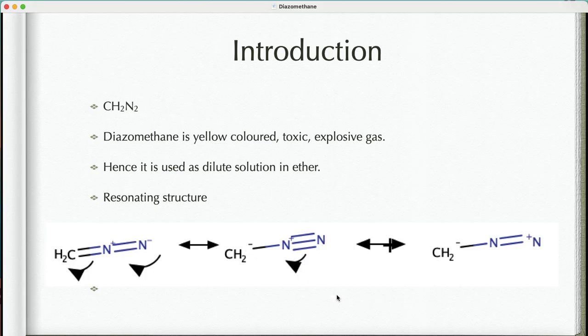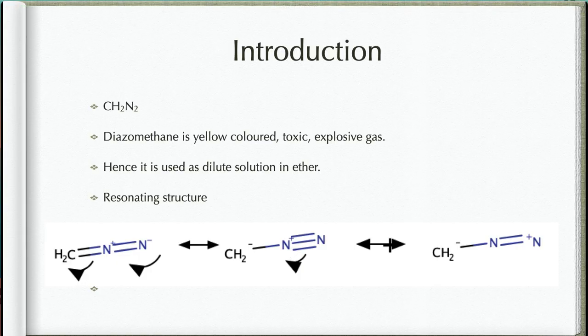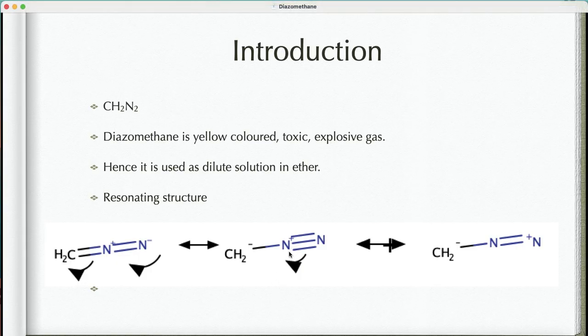Now, for another resonating structure, this triple bond breaks here and the electrons go to this nitrogen. This nitrogen gains the electrons, that's why it loses the positive charge, while this nitrogen loses electrons, that's why it gains the positive charge. These are the three different canonical forms of diazomethane.